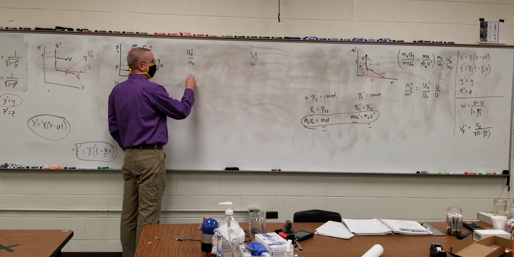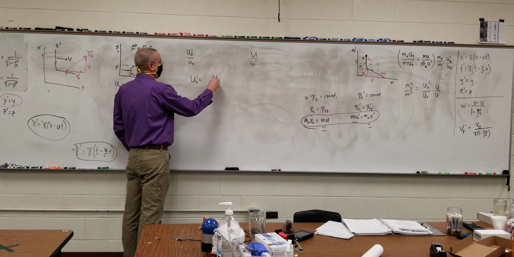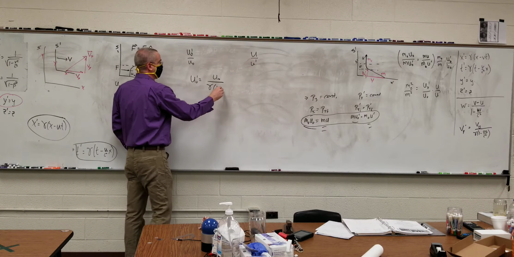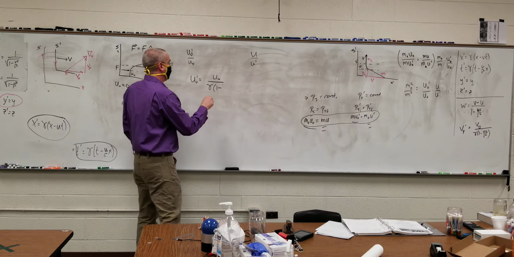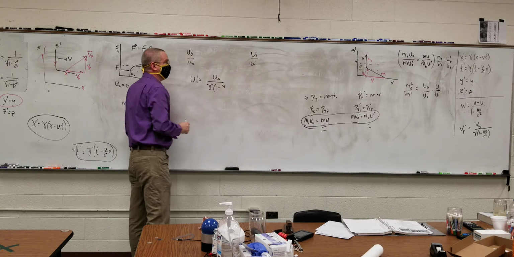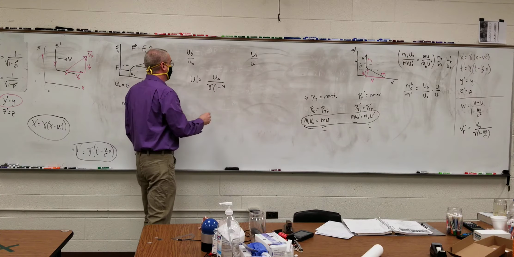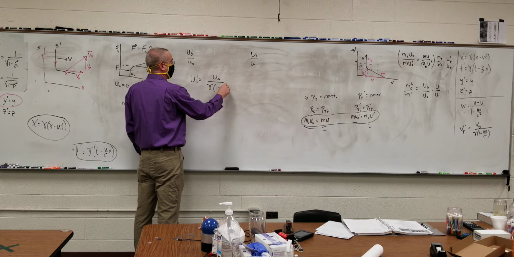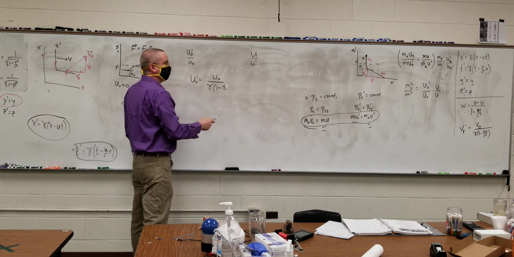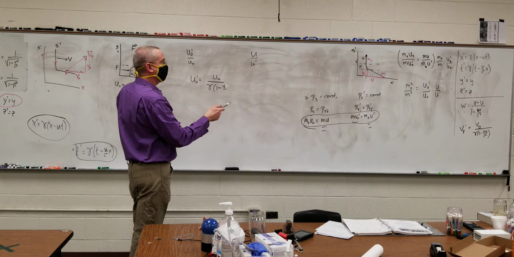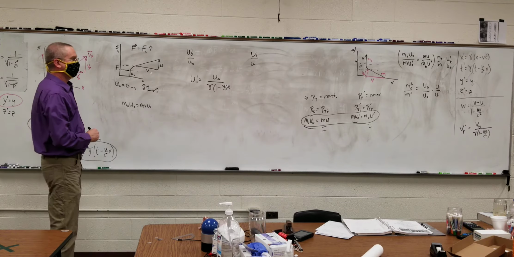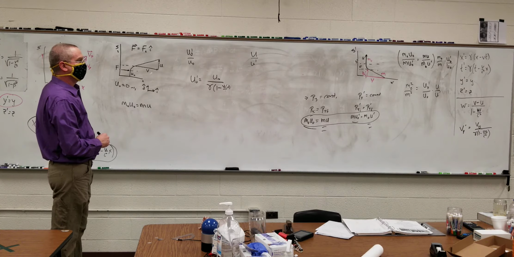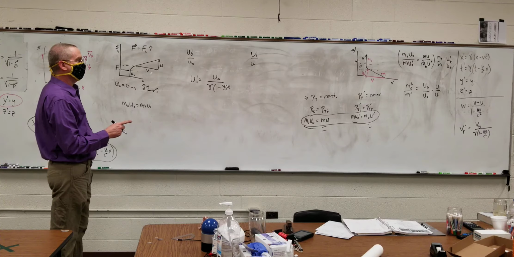So we have u naught prime is equal to u naught divided by gamma times 1 minus the speed of the prime frame with respect to the frame times v sub x.